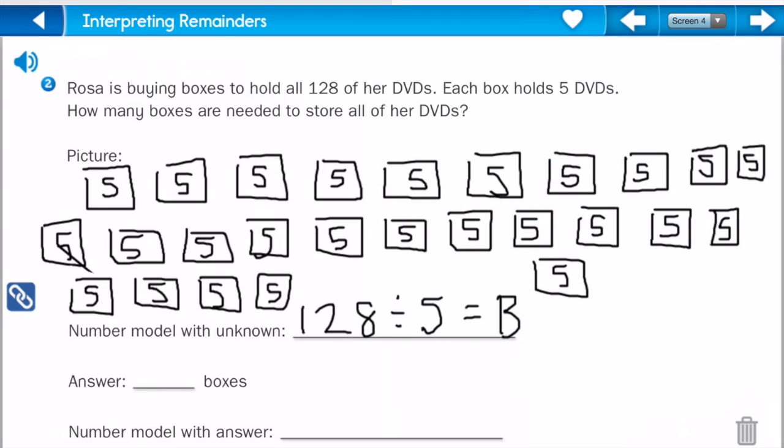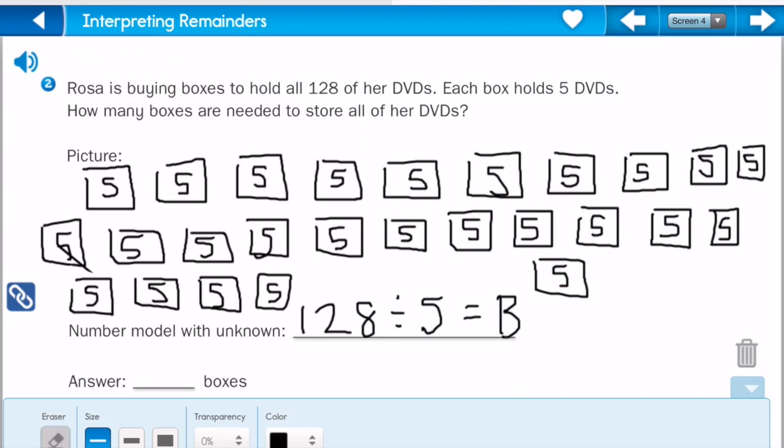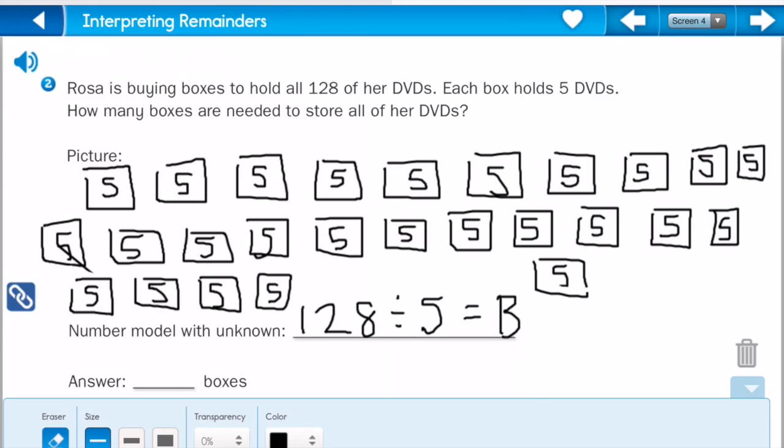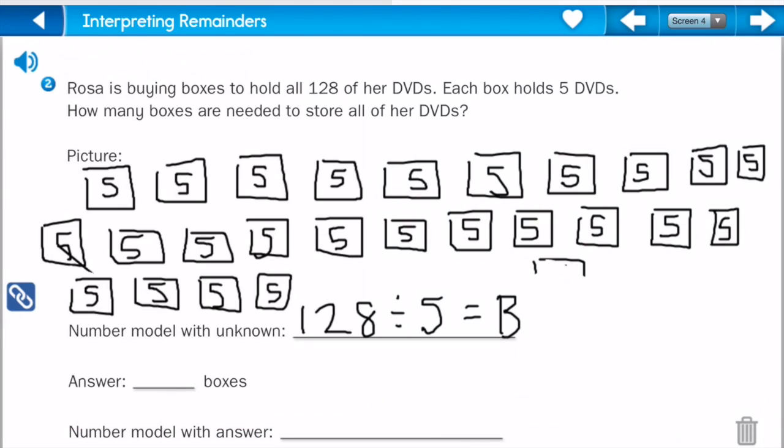All right, so if I do this, I got to 130. So I don't need that, right? Because I had 128. So I'm going to erase this one, okay? I had 128, and I got to 130.